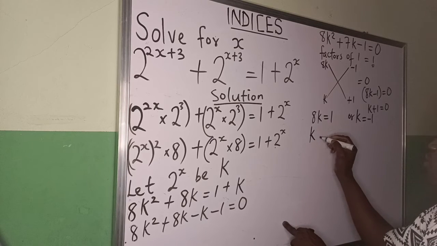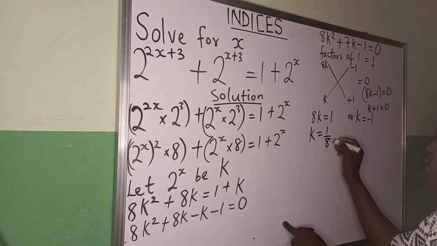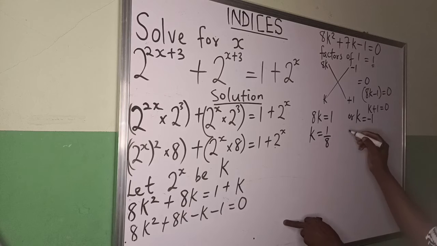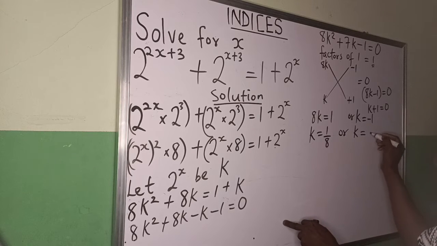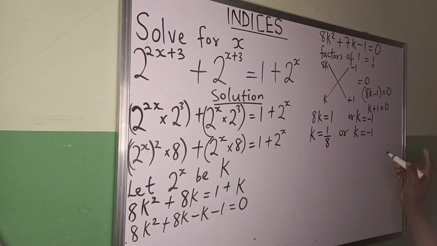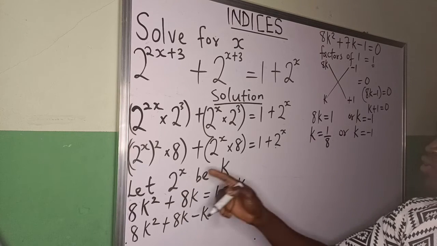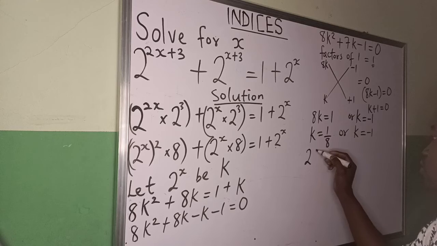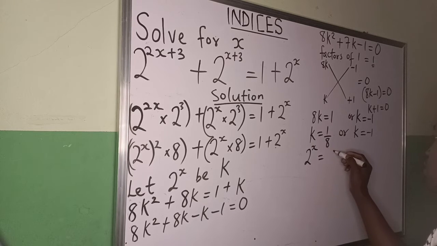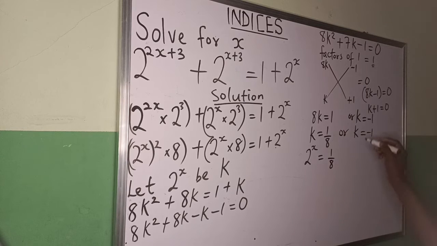Here k will be equal to 1 over 8, or k is equal to minus 1. Now replace k with 2 raised to the power of x. You have 2 raised to the power of x equals 1 over 8, or 2 raised to the power of x equals minus 1.